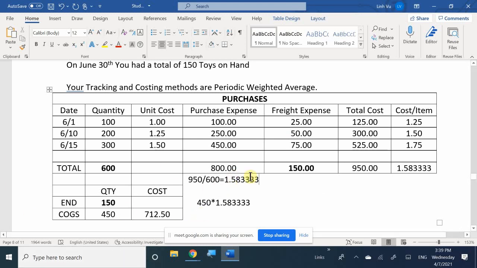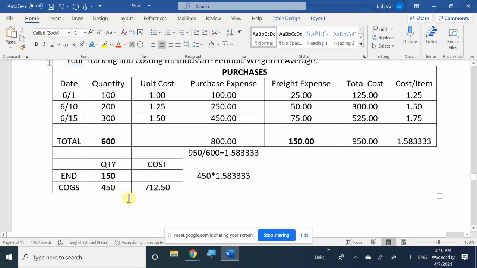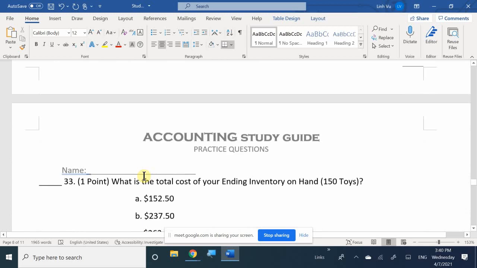All right, so now that we have our average cost per item, all we care about is our total quantity and our total cost of 950. So now we have 712.50. So what is going to be my ending balance? 237.50. Right? We just take the 950, subtract out the 712.50 to get you your 237.50. So let's answer the question.